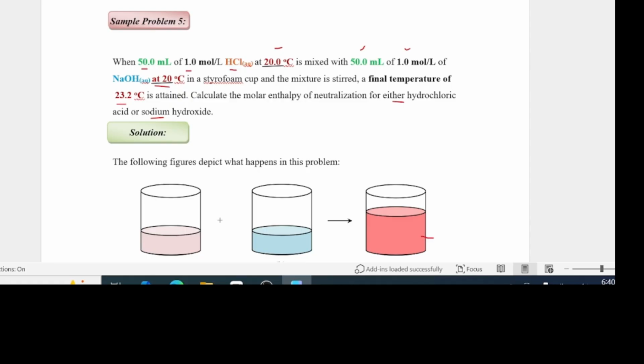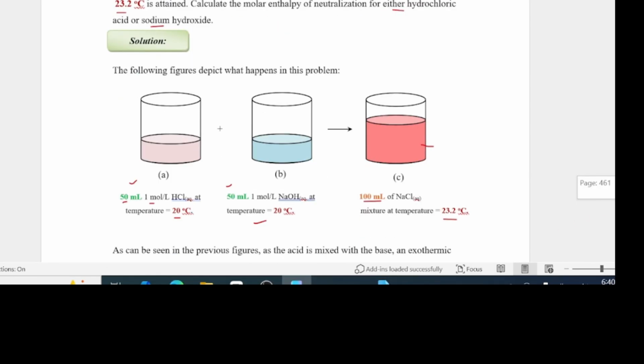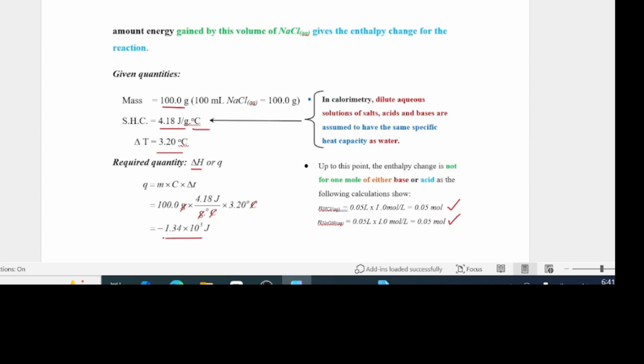So when you mix these together, the final volume that is produced will be equal to the volume of the base added to the volume of the acid. In this case, it worked out to be 100 milliliters, but there was a rise in temperature. So to find the delta T, we subtract the initial temperature from the final temperature. So carrying out all this operation here gives your Q or delta H to be that, but this is only for a fraction of a mole of either the acid or base.